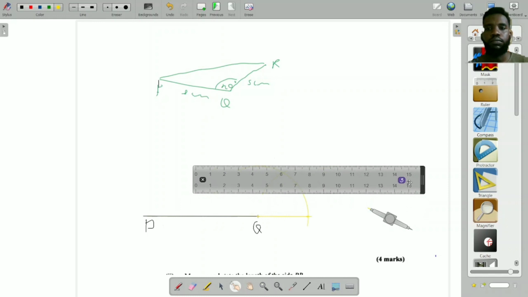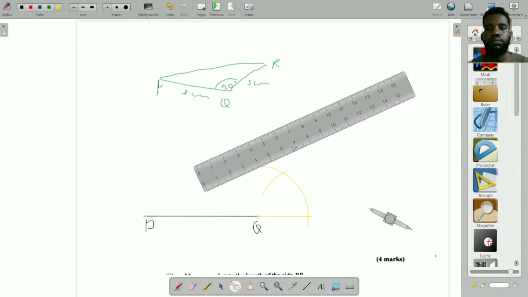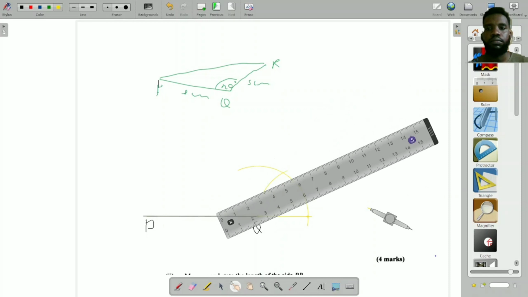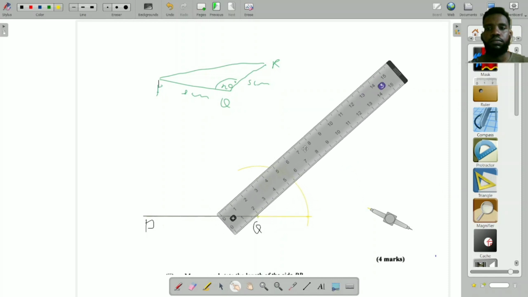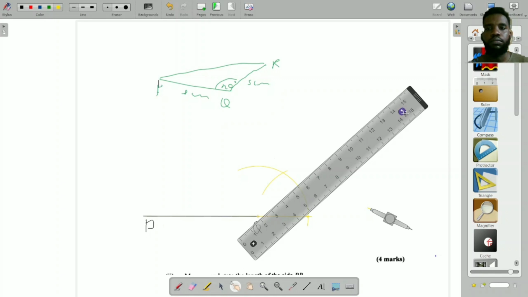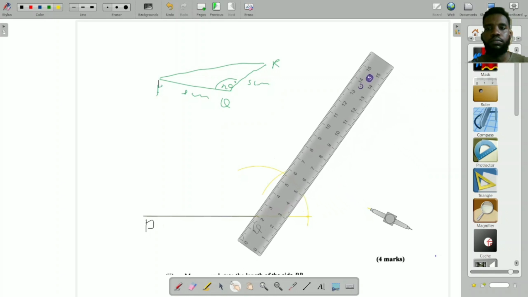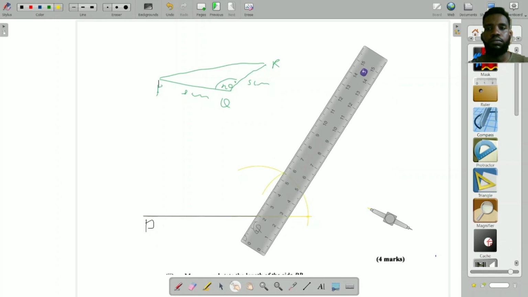Now because I know that it should be 5 centimeters, I can use a solid line. So let me rotate this here. Let me try to line this up as best as possible.